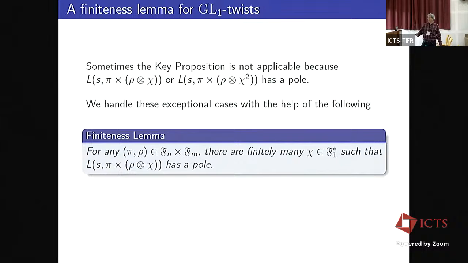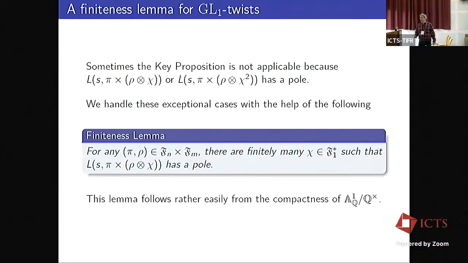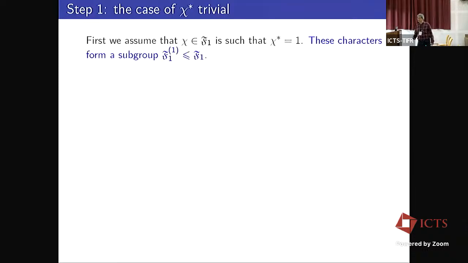If you fix one chi such that this guy has a pole, then all the other chi's relative to it have a fixed order and restricted ramification locus, and then actually by the compactness of A_Q^1 modulo Q star, you can easily see that there are only finitely many characters. So we'll see in a second how this finiteness lemma helps.